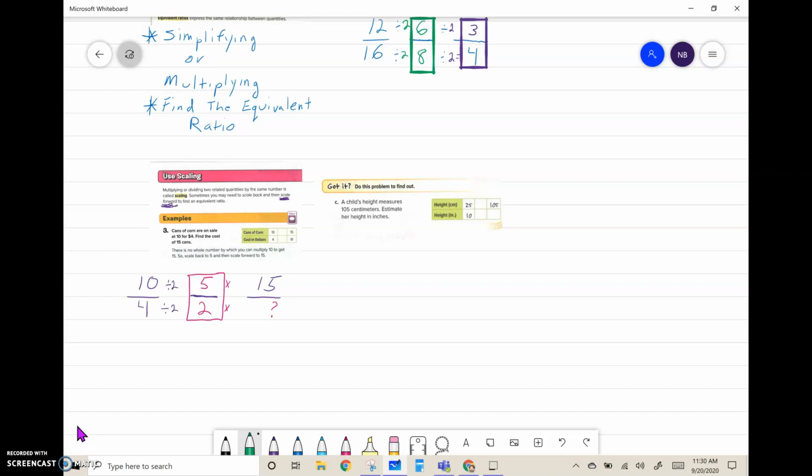So if I take 5 times 3, and 2 times 3, that should get me to where I need. 5 times 3 does equal 15, that checks off, and 2 times 3 equals 6. So we found our missing boxes, and that's a 5, a 2, and a 6.